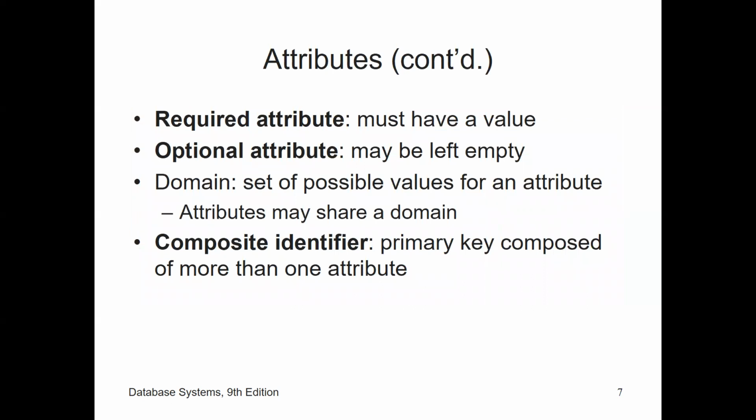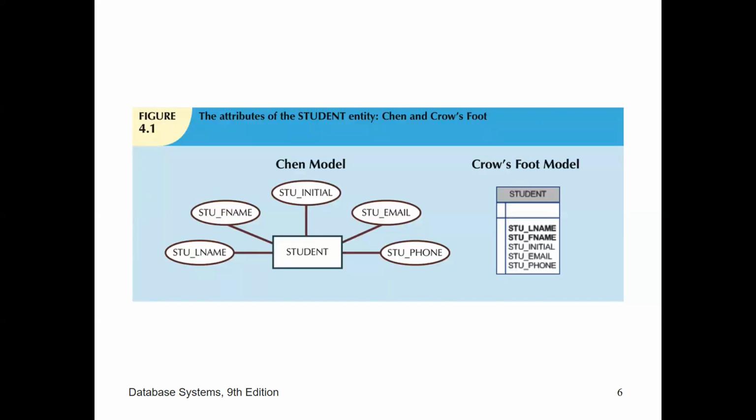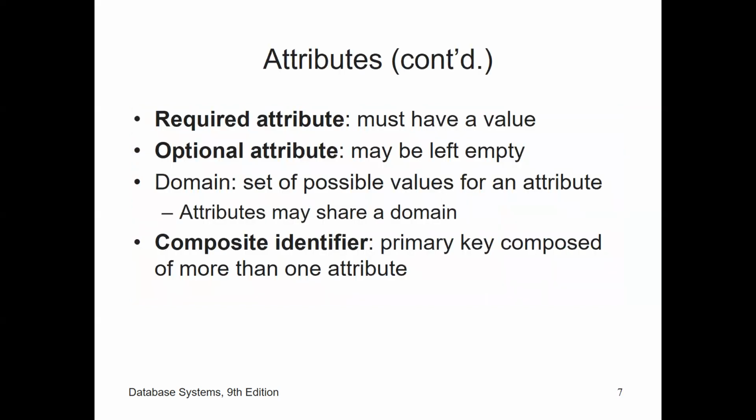Attributes, required attributes. A required attribute is an attribute that must have a value. In other words, it cannot be left empty. As shown in the previous slide, there are two boldfaced attributes. Refer to the one on the right-hand side. This indicates that a data entry will be required.